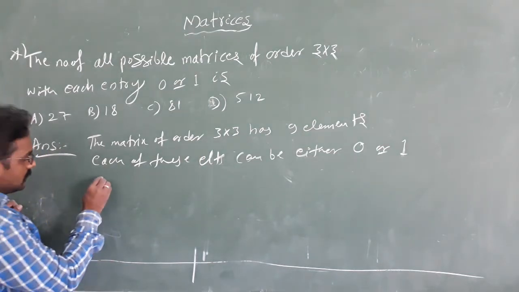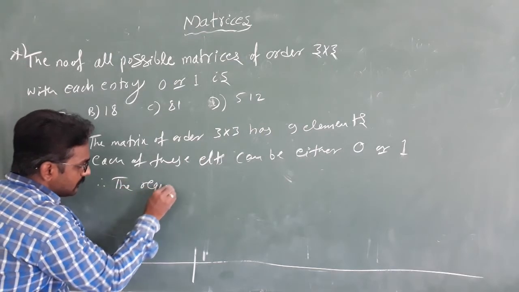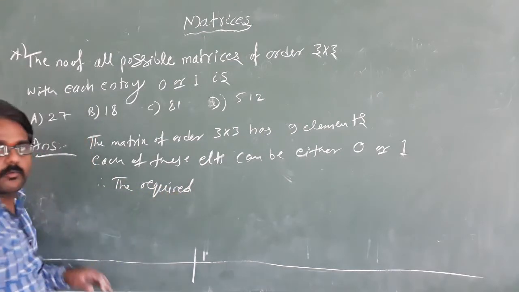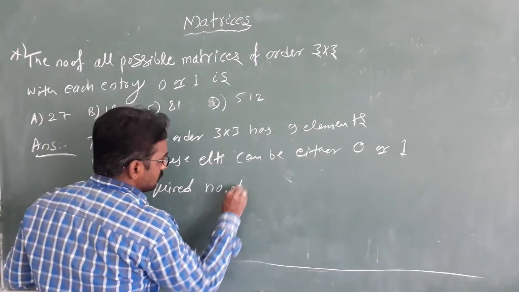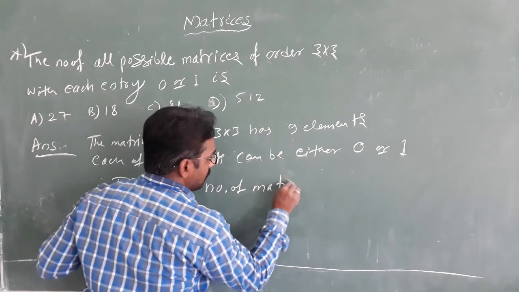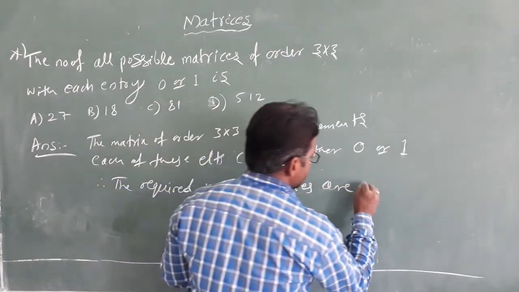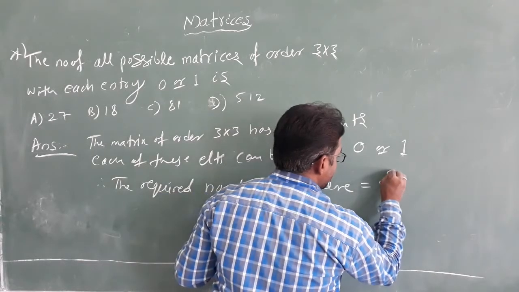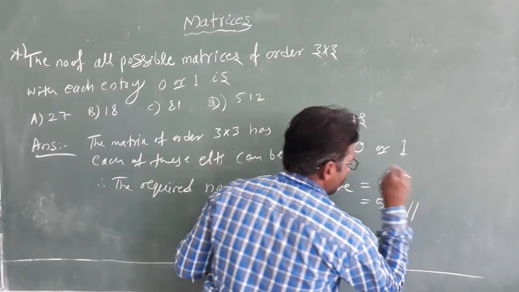Therefore, the required number of matrices are 2 to the power 9, that is 512.